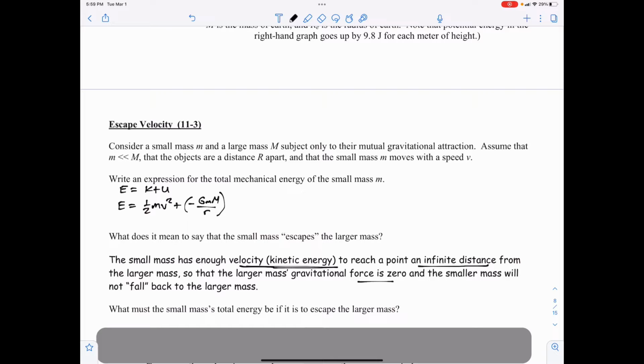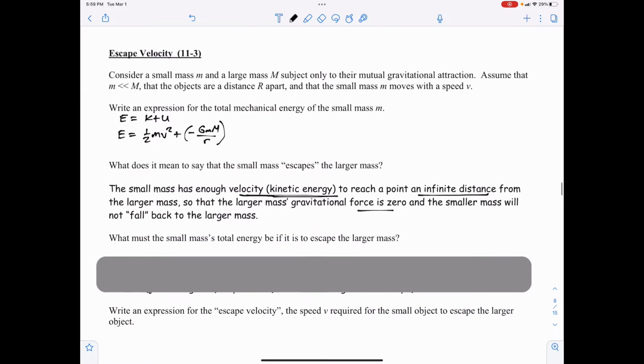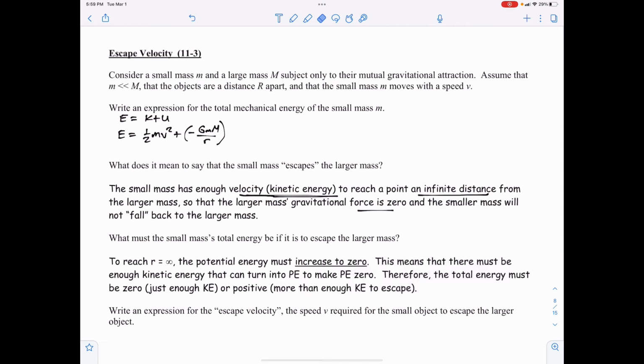And by the way, we can keep going with this. What must the small mass's total energy be if it is to escape the larger mass? Well, to reach an infinite distance away, the potential energy has to increase to 0, because remember, the potential energy is negative at the surface of the Earth and it goes to 0 farther and farther away.